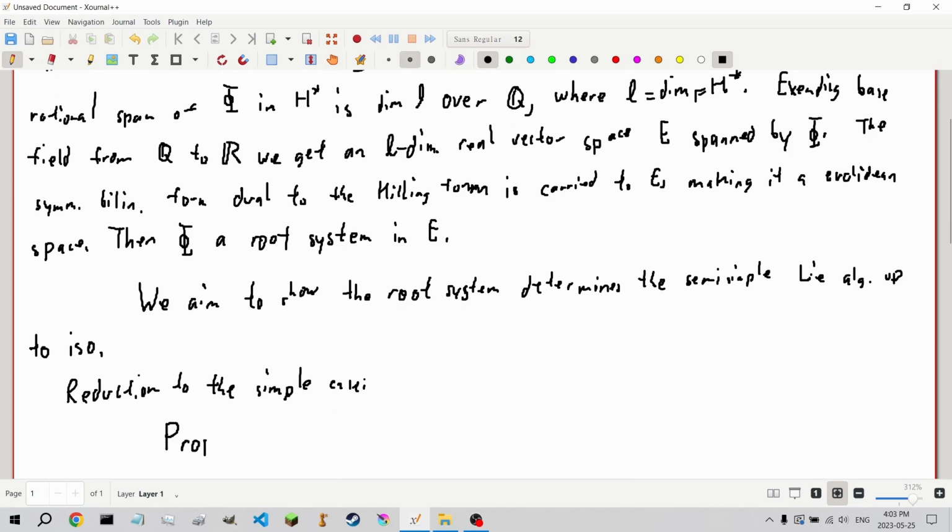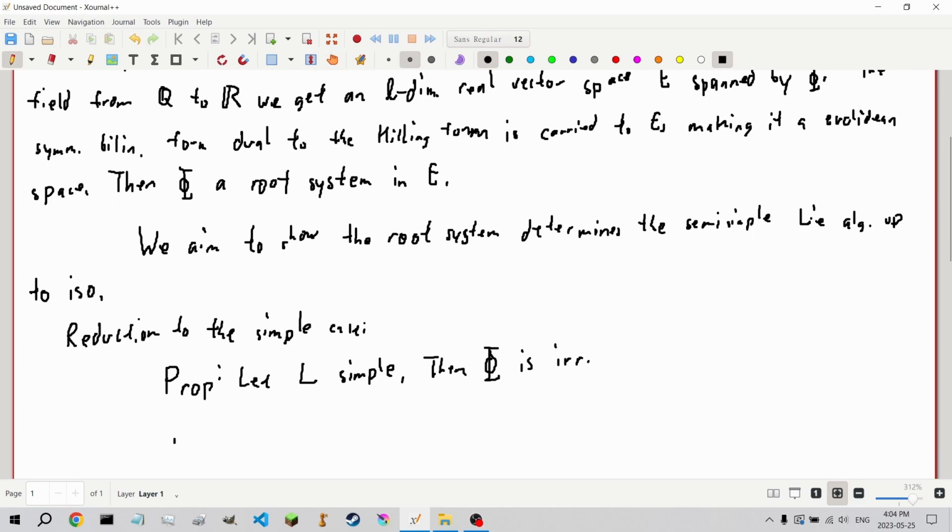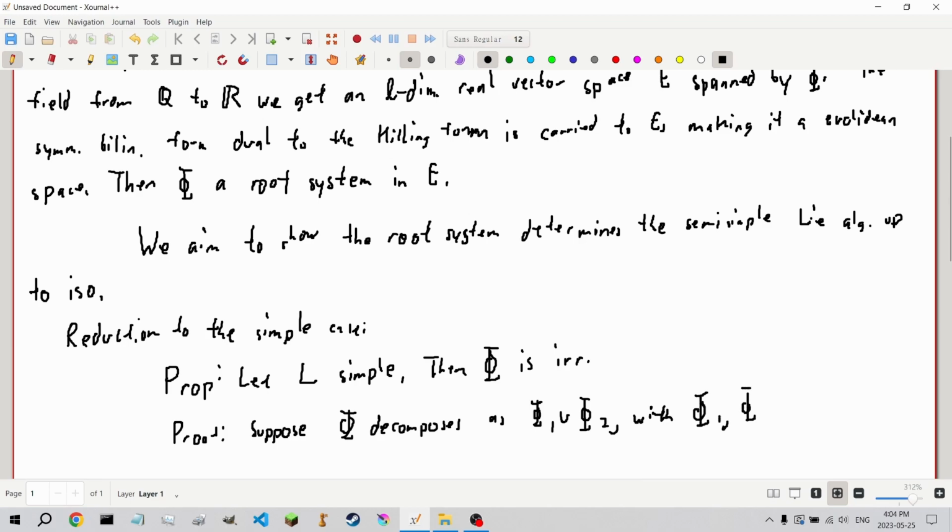Starts with the proposition. Let L be not a semi-simple, but a simple Lie algebra. Then our root system is irreducible. Proof. Suppose, by contradiction, that Phi decomposes as Phi1 union Phi2, where of course Phi1 and Phi2 are orthogonal to each other under our form.